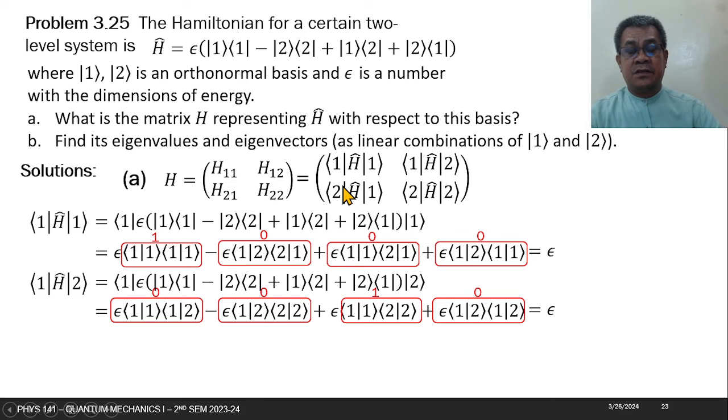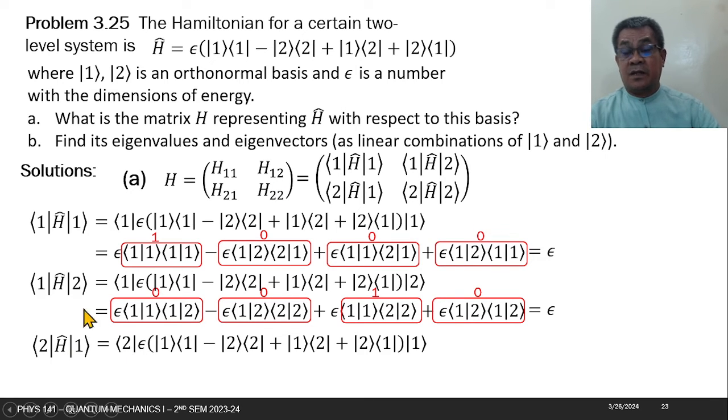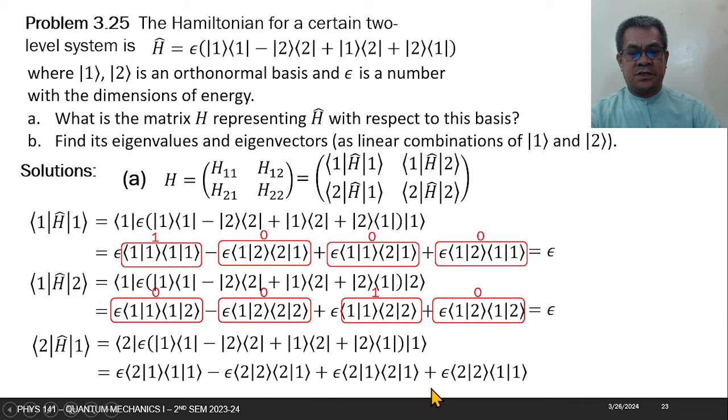Now for the third element, 2,1, it is again the same process. Replace the Hamiltonian, then distribute the bra and the ket in its terms, and also the epsilon. Then we have this result.